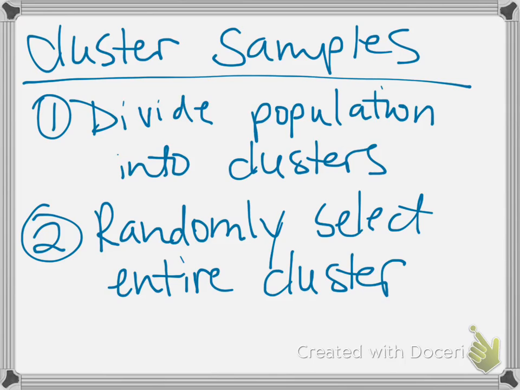And then we're going to randomly select maybe 3 of those English classes, and those will be the 3 clusters that we're going to use to comprise our sample. So every student in those 3 English classes that we randomly selected is going to be part of our sampling. And again, you just need to be able to keep stratified random samples and cluster samples separate in your mind.